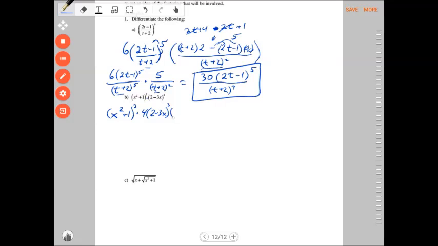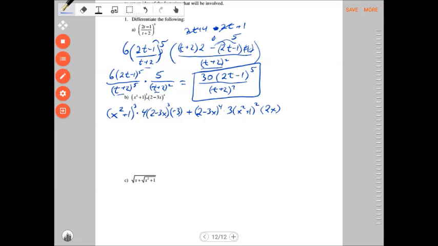And then chain rule the inside, so negative 3. Then first times the derivative of the second, plus second, 2 minus 3x to the 4th, times the derivative of the first, so that's going to be 3x squared plus 1 squared, and then chain rule that part, so times 2x.